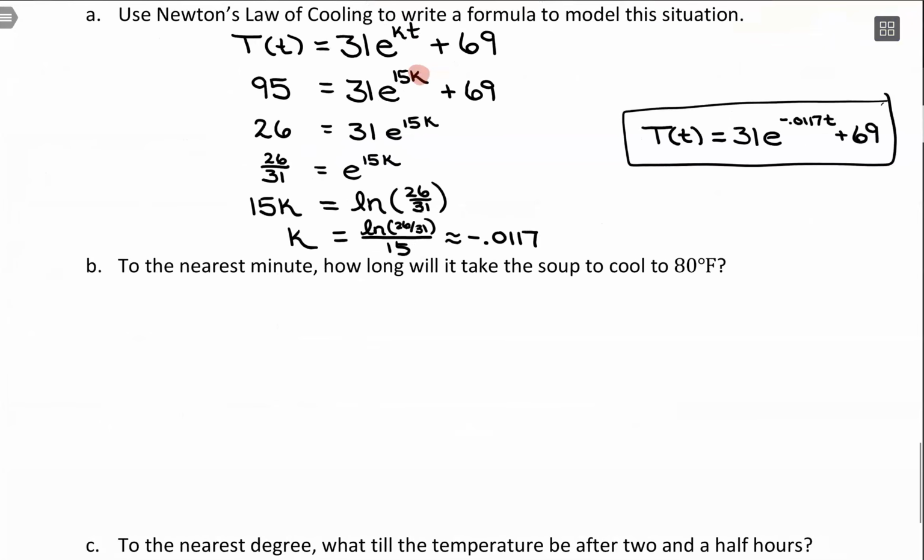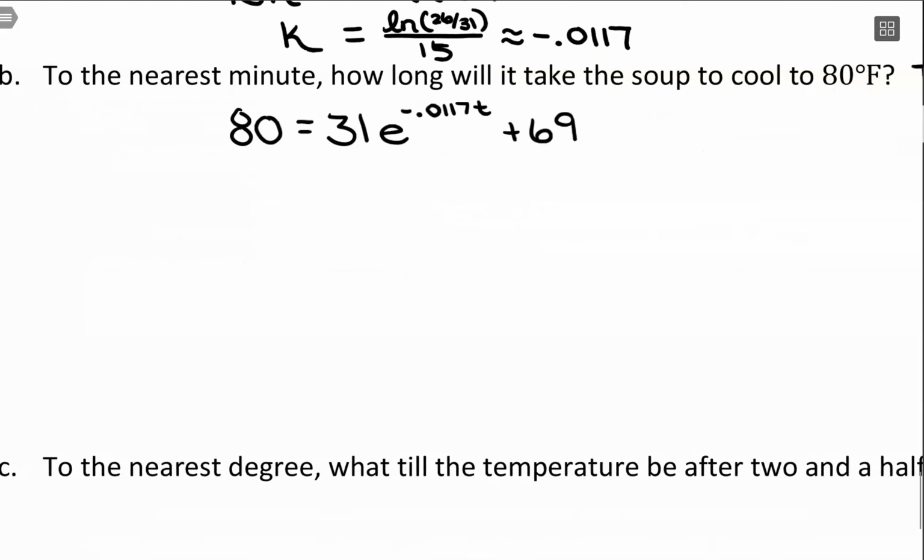To the nearest minute, how long will it take the soup to cool to 80 degrees Fahrenheit? So here we're being told that the temperature is 80. So what we're going to do is plug in 80 equals 31e to the negative 0.0117 t plus 69. And our solving is going to go very similarly to what we just did up above there.